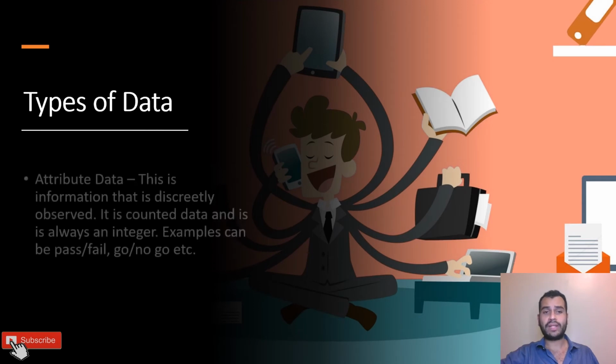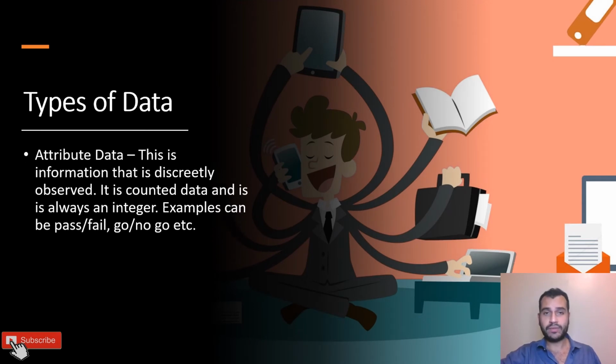There are now different types of data. There are 2 types of data. The first type of data being attribute data. This is data which is discretely observed. Remember that, friends, it's discretely observed. It can be in the form of an integer or a whole number, and we can take an example of a company producing pens. Imagine that the pens from the company have passed through the QC inspection.